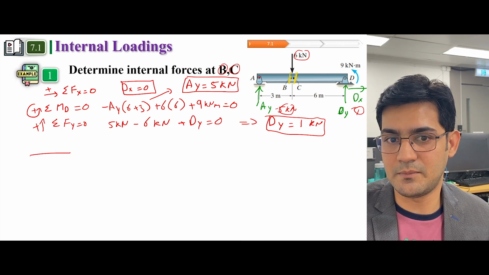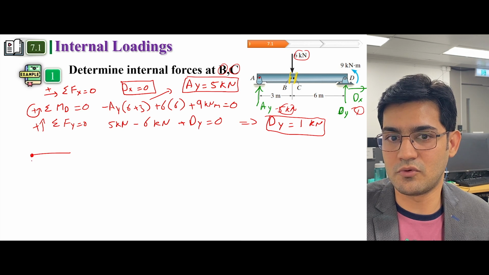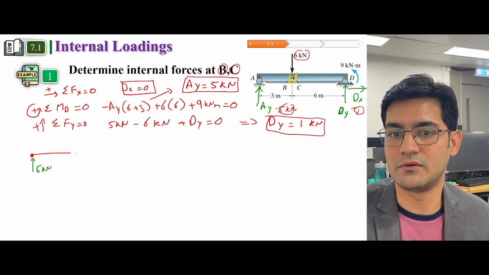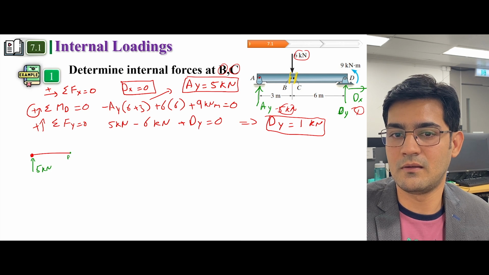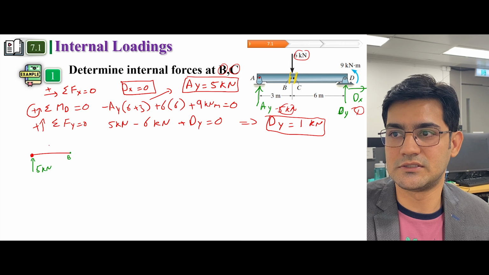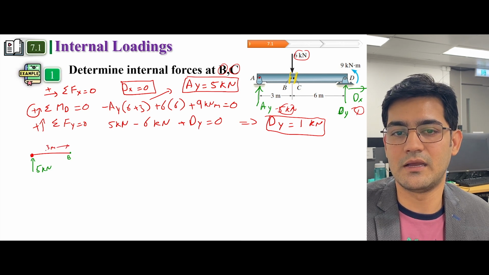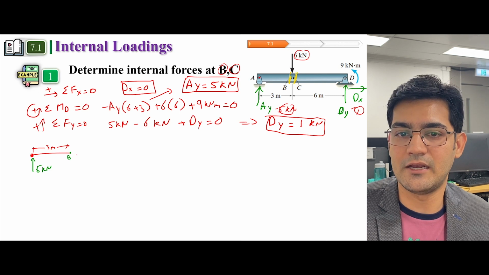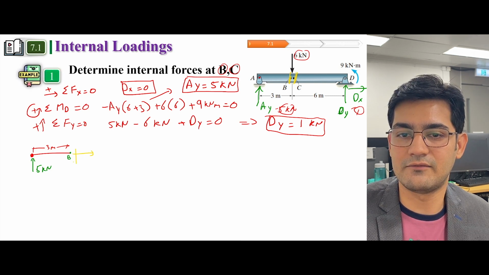So this is a beam and this is a roller support, and we have a reaction force which is 5 kilonewton. Since we are cutting at point B, we will not include this 6 kilonewton force because it is acting after point B, and the distance is 3 meters. When we expose these forces, we have a normal force, a shear force, and a bending moment.